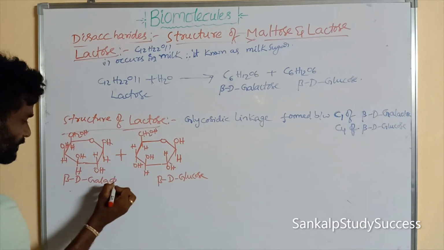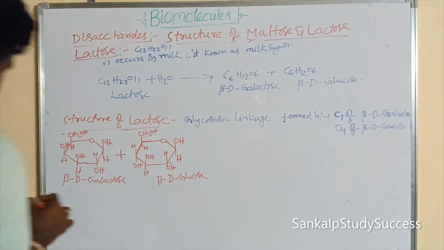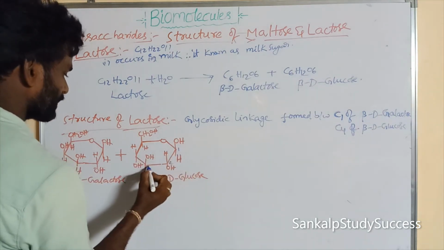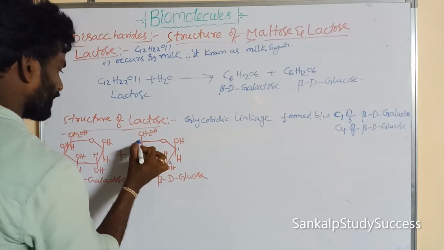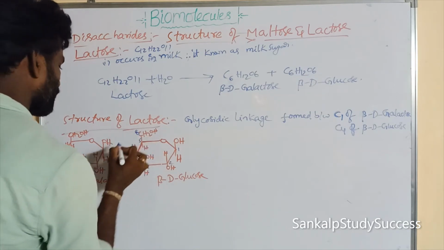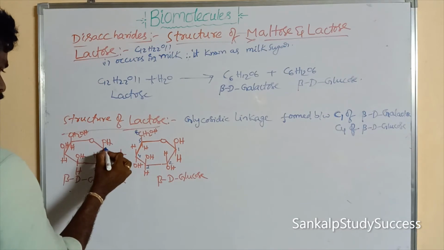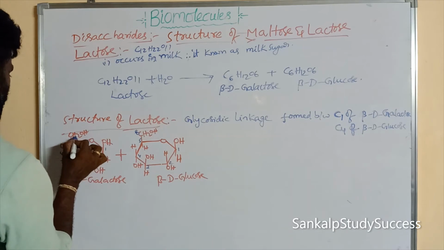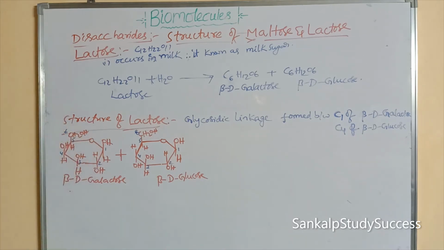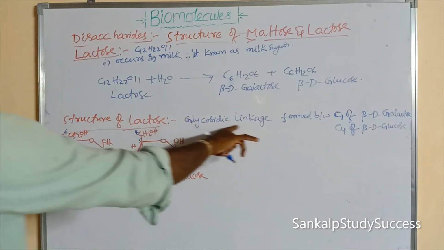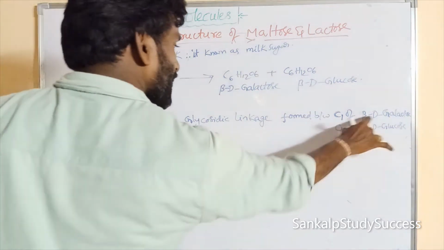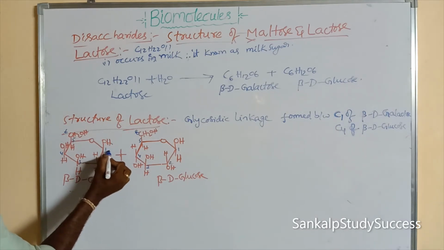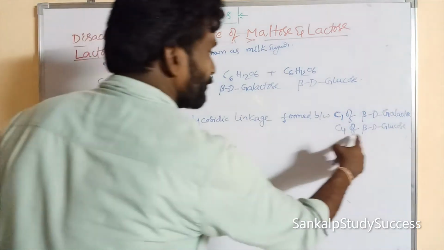When these two structures are combined, this is the first carbon, 1, 2, 3, 4, 5, sixth carbon. Here the glycosidic linkage is formed between C1 of beta D galactose and C4 of beta D glucose.